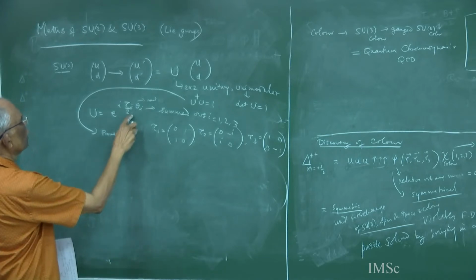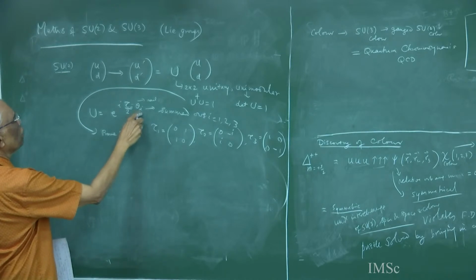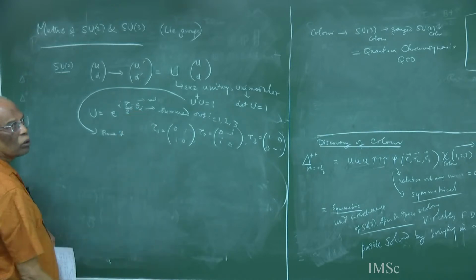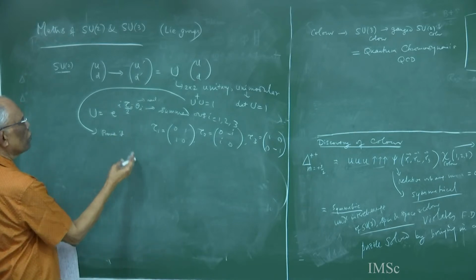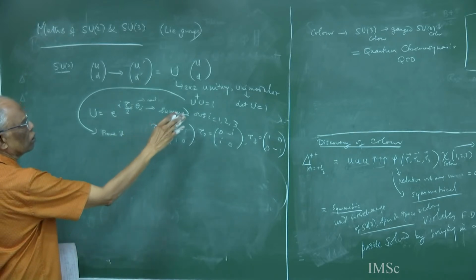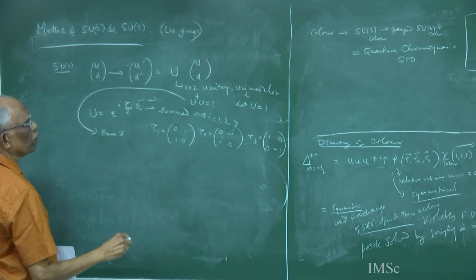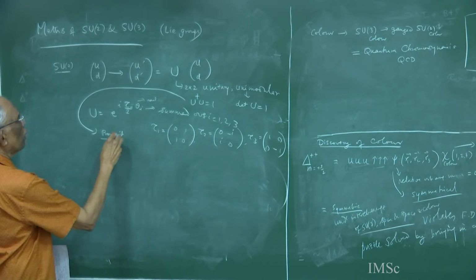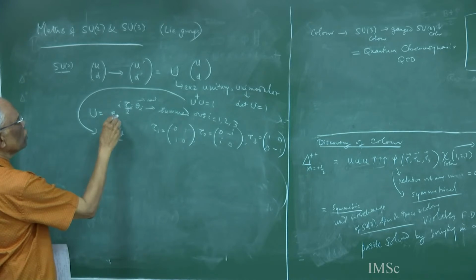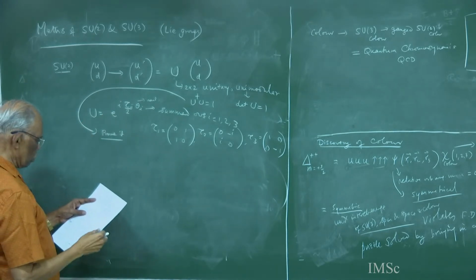I can actually put another quantity, the exponential of i times theta 0, again a real number, an arbitrary phase, and that will also be unitary, but that will not have determinant 1. The condition of determinant 1 only removes that extra phase factor. So this is the most general 2 by 2 unitary unimodular matrix, and we can use this.